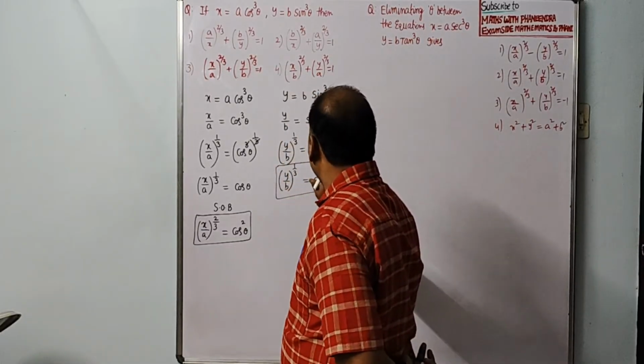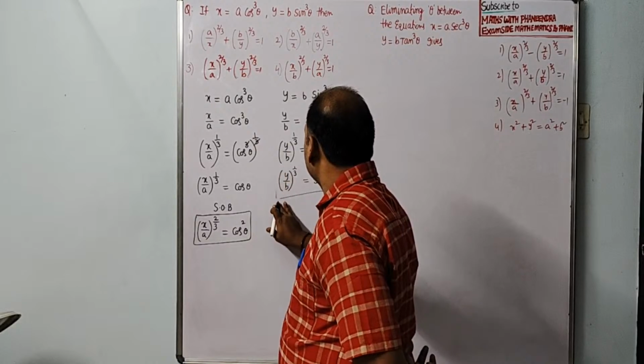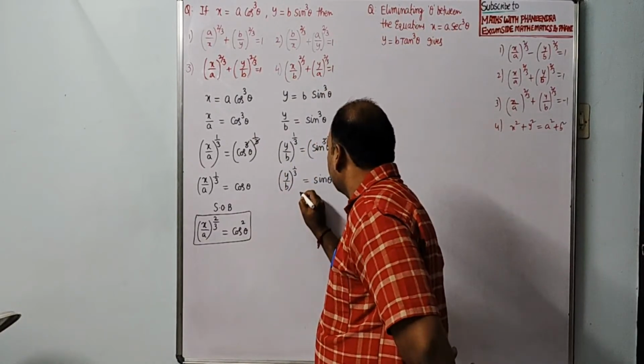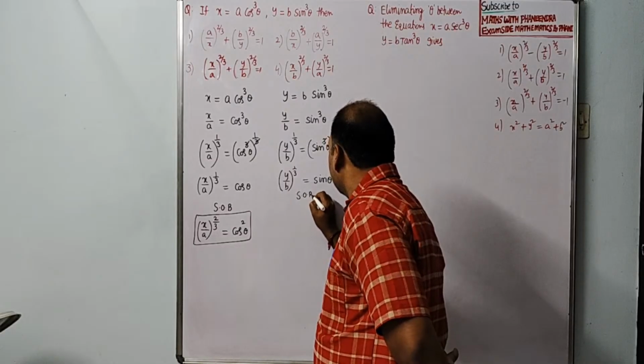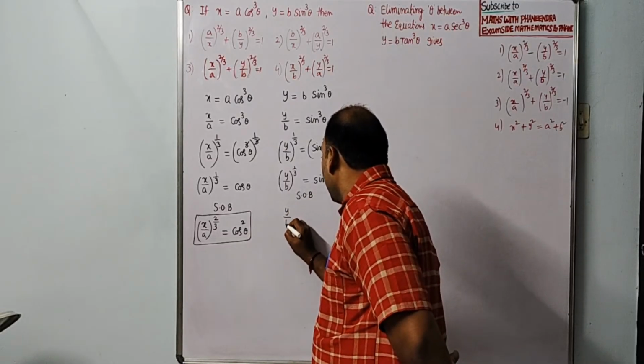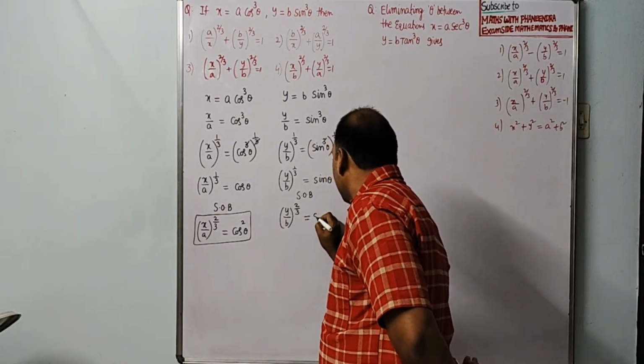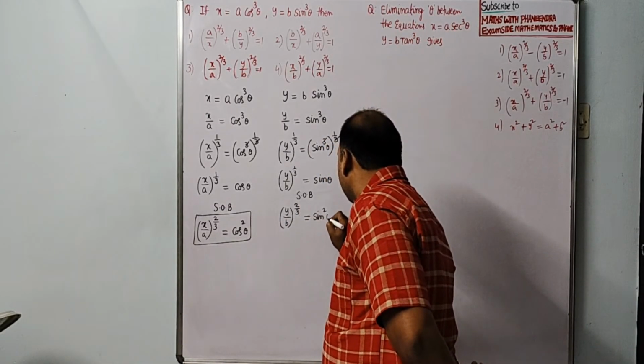Squaring on both sides, y by b whole power 2 by 3 is equal to sin square theta.